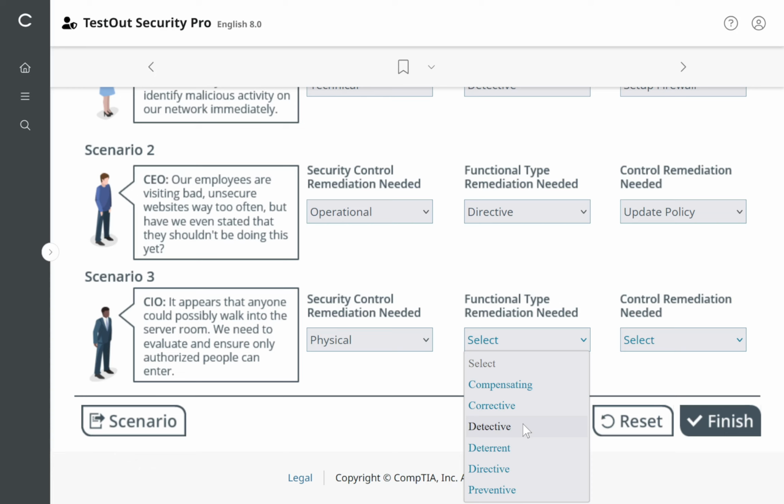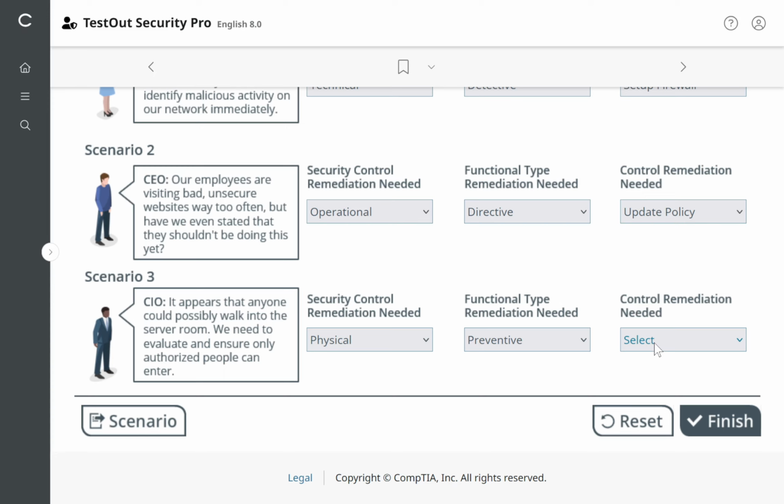So the functional type remediation which would apply here, we have preventive, directive, deterrent, detective. Which one would apply here? I think this one is preventive. Deterrent I would say will just discourage. Yes, this one will just be preventive.